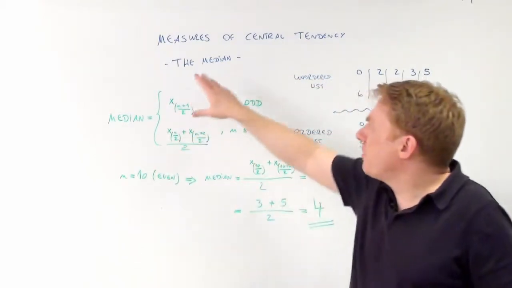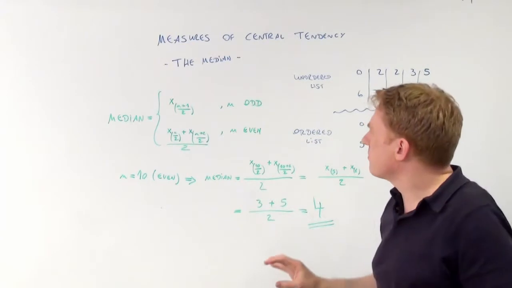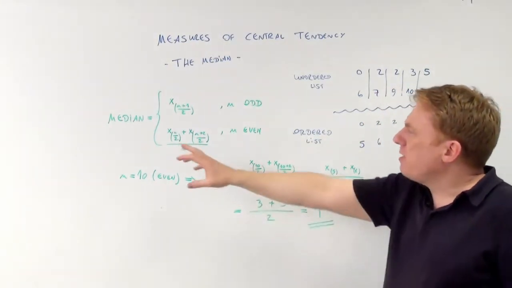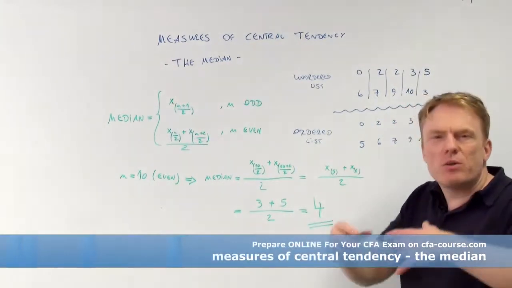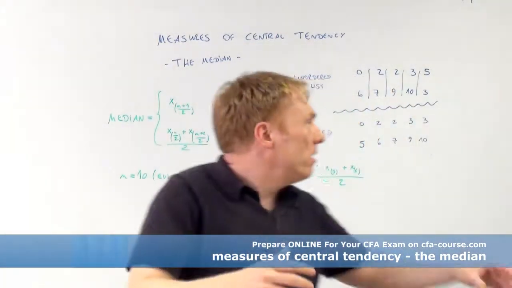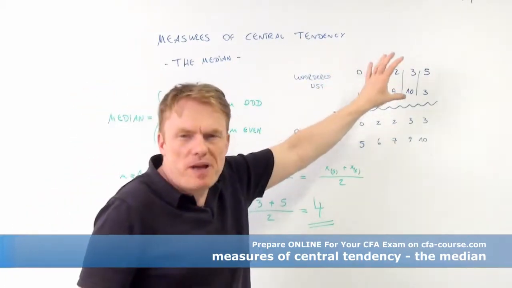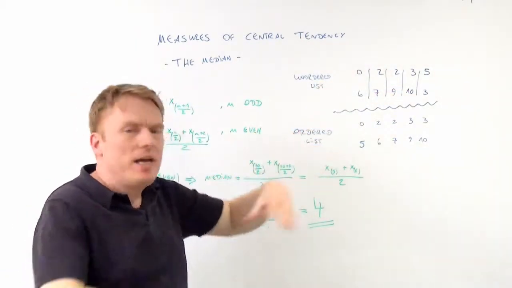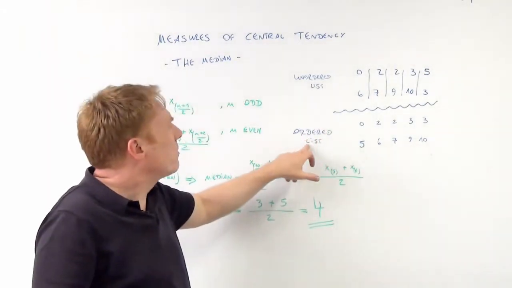So, talking about the median, we talk about ordinal scales. We have the median as this value, which means we have a list, first of all, an unordered list of different values whatsoever, and if we put them in order, it's the ordered list.